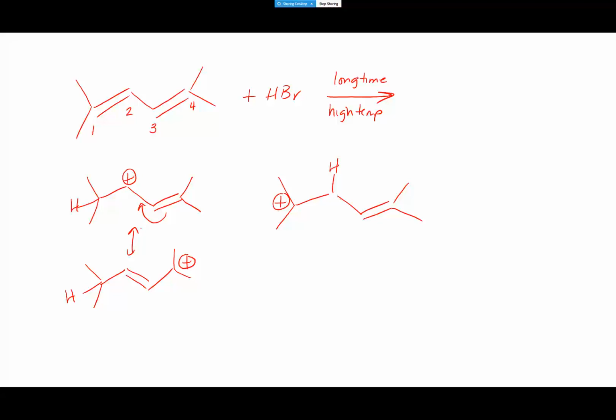You can also define Markovnikov addition as adding the electrophile to give you the most stable carbocation intermediate. Why not? You don't like that? I like that because it works more times than not.